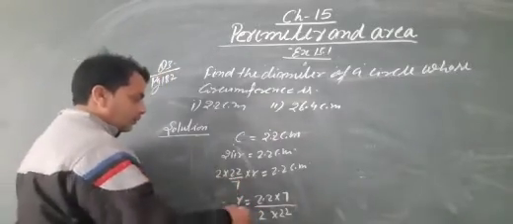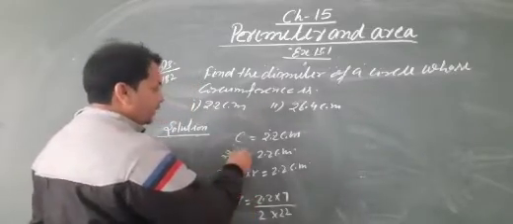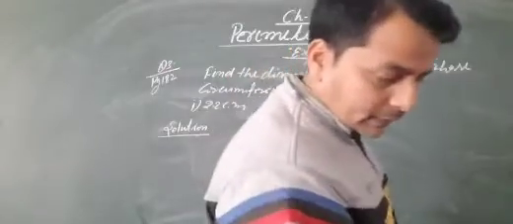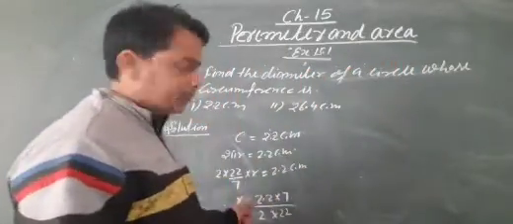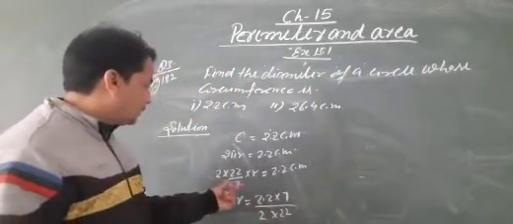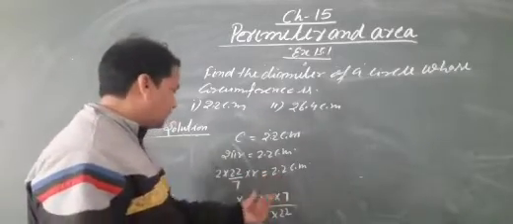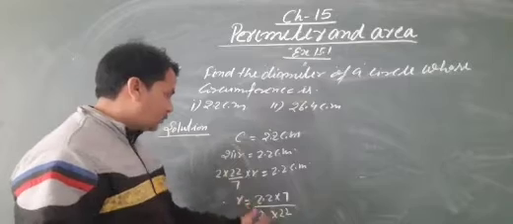Now 2 pi r equal to 2.2 centimeter. Then r equal to 2.2 into 7 by 2 into 22.